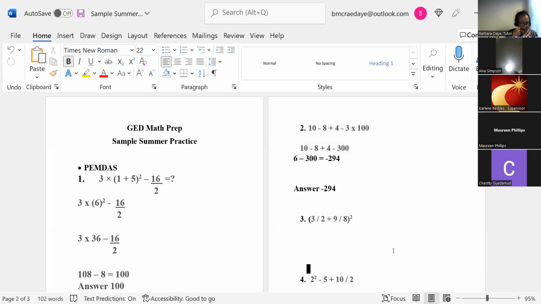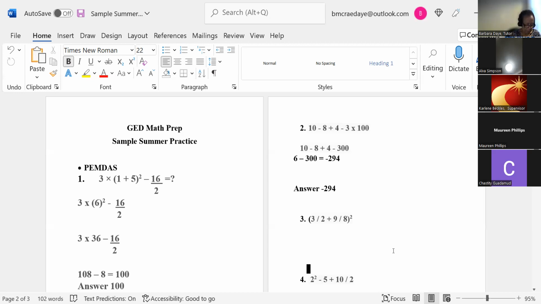Okay, and you squared it? 21/8 is okay, Maureen. You made your denominators the same. 12 plus 9 is 21/8. Twenty-one divided by 8, right?